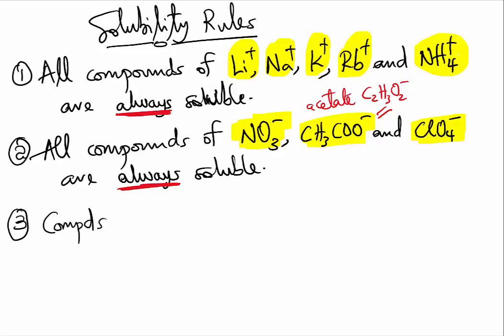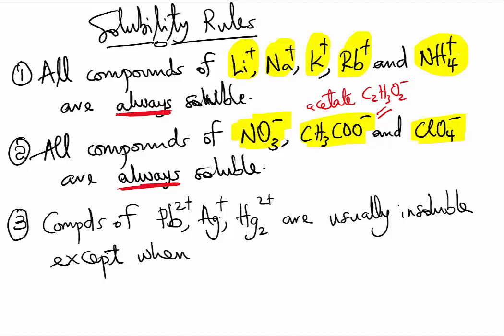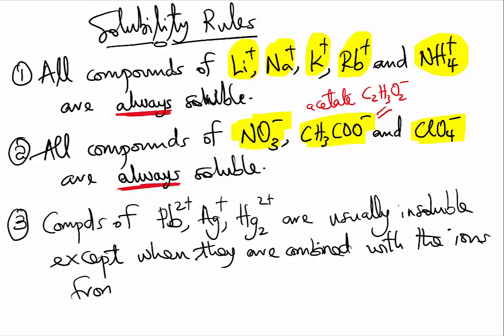Compounds of lead-2 ions, silver ions, and mercury-1 ions are usually insoluble except when they are combined with the ions from rule 2 above. Let me explain.